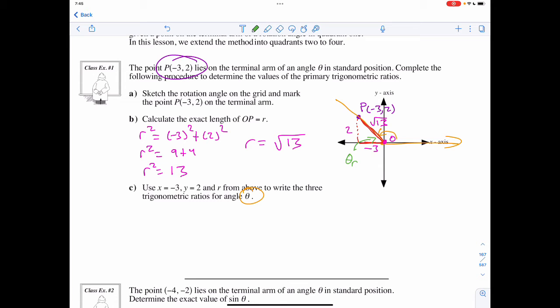So if that's the case, then sine of theta is going to be y over r, which in this case is 2 over the square root of 13. We should be in the habit of rationalizing because we already learned how to do that with radicals. 2 root 13 over 13, multiplying the top and the bottom by the square root of 13.